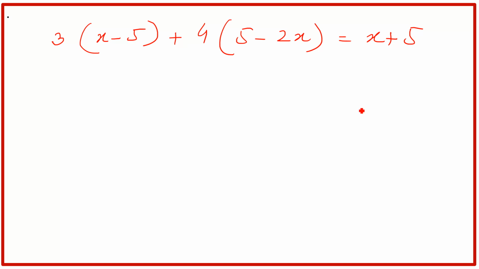This means you have to find the value of x that makes this expression and this expression equal. How you have to find the value of x, we will discuss in the next lesson. But here I am just explaining the linear equations, what the linear equations are and what are not.